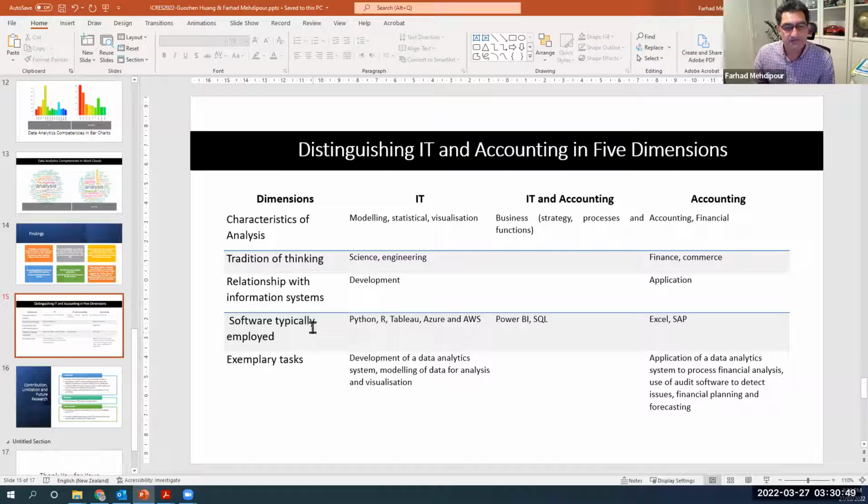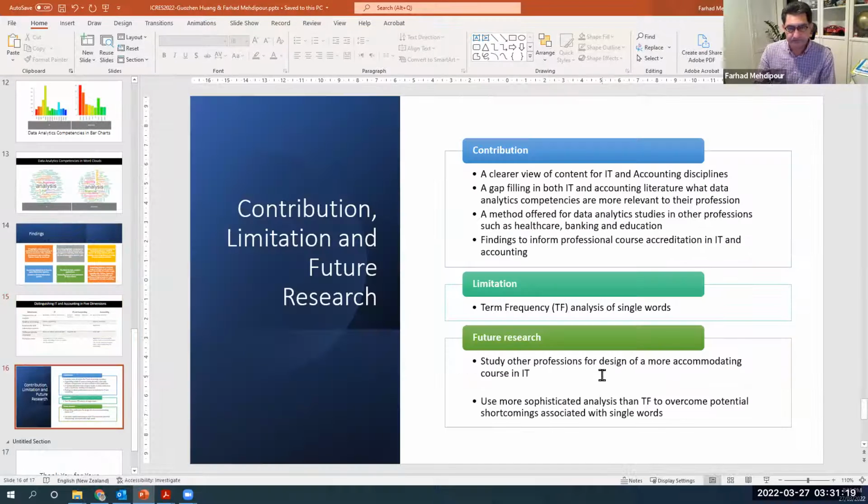With respect to software, IT focuses on software development, languages, and cloud computing, but accounting focuses on Excel and SAP, technologies which are very common in the financial domain. With respect to tasks, in IT we usually develop data analytics systems, models, and visualization tools. But in accounting, it's more about applications of that to detect issues, financial planning and forecasting.